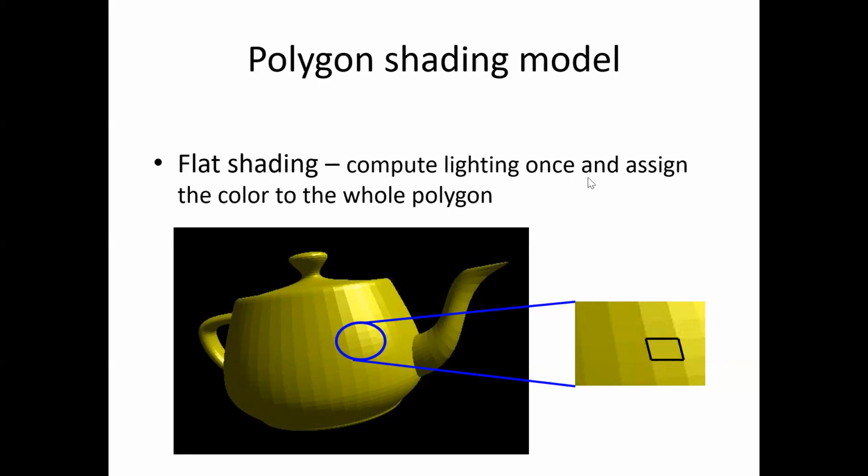Compute lighting once and assign the color to the whole polygon. What does it mean to assign the color to the whole polygon? Over here we want to apply color to this kettle. Whatever object we want to show with the illumination effect is, at a basic level, considered as composed of small surface polygons.